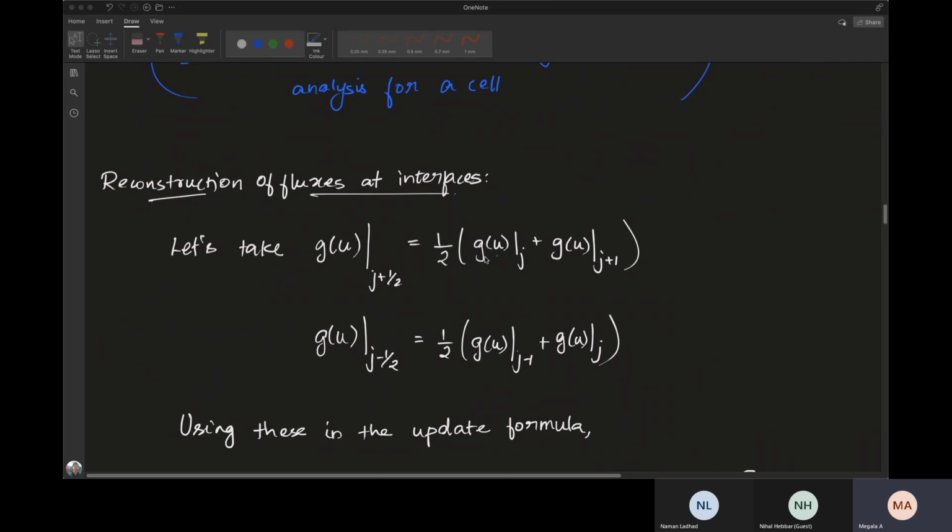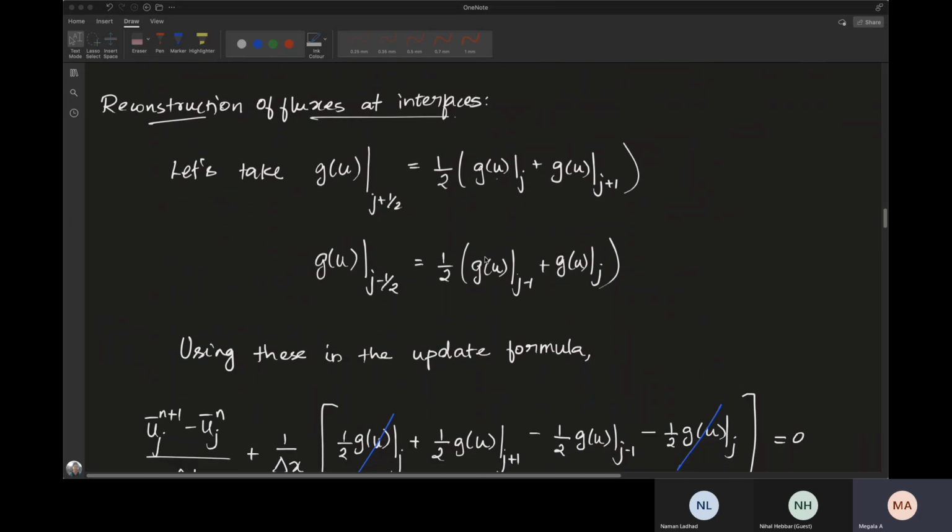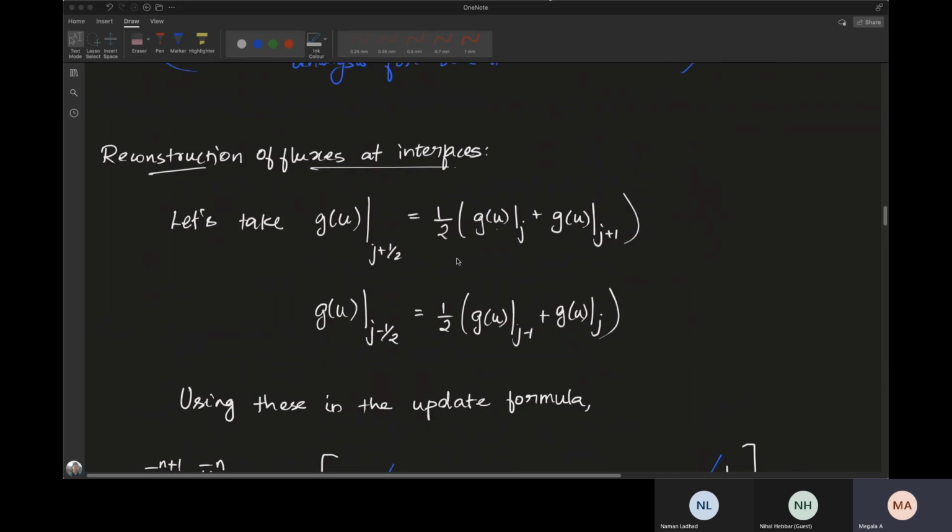Next, after this piecewise polynomial approximation, let us look at how fluxes are reconstructed at the interfaces. For this, let us just take this kind of approximation. G of u at x_{j+1/2} has contribution from both x_j and x_{j+1}. So you just take an average of both of those.